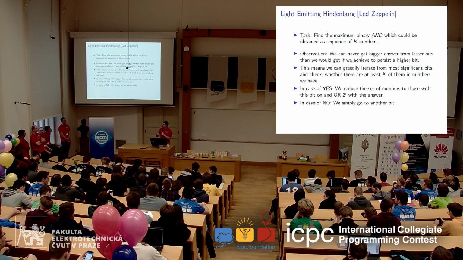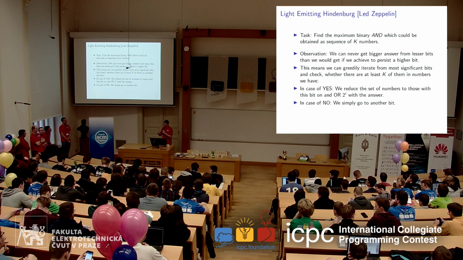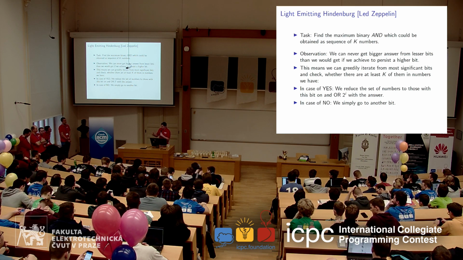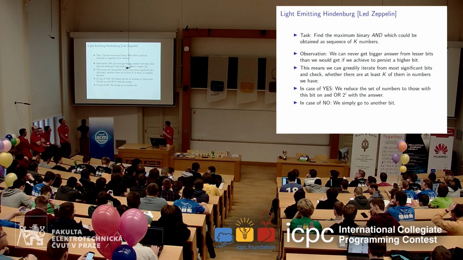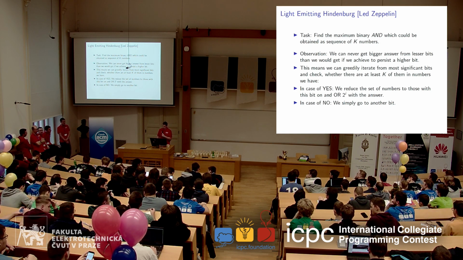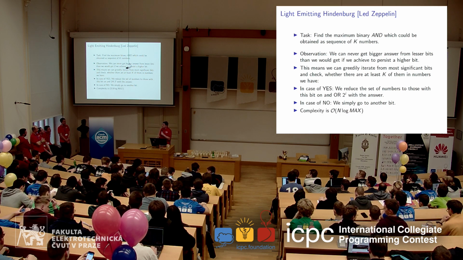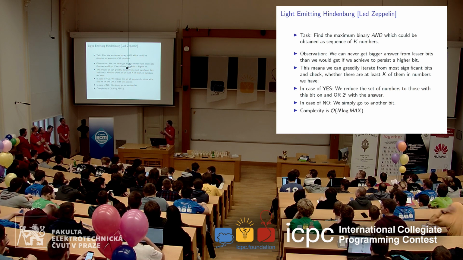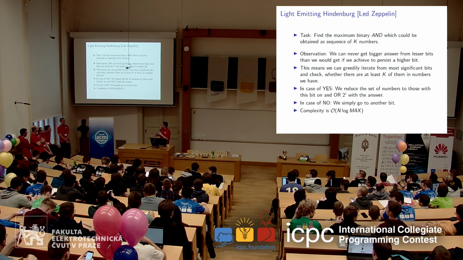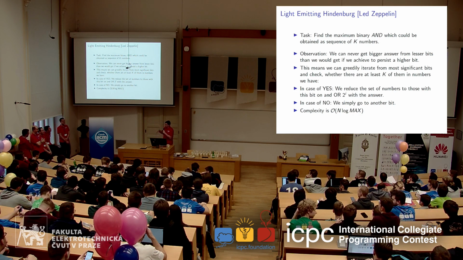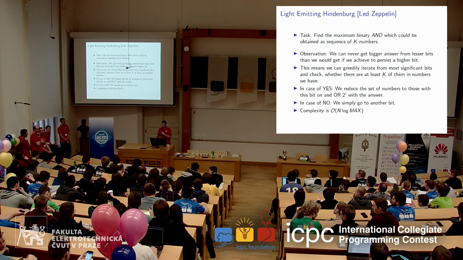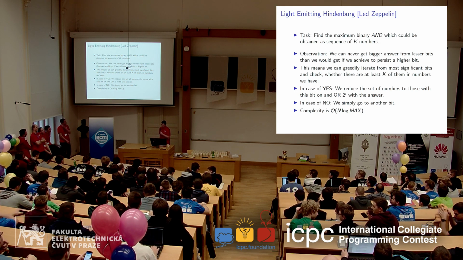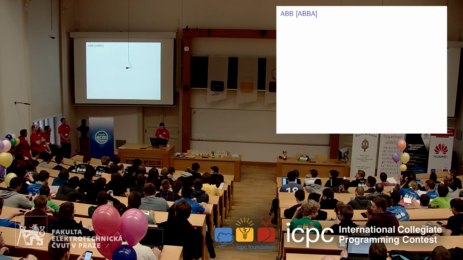We had such a set, and we were iterating and reducing it, and finally we could obtain the number from the set which persisted. So the complexity is n log maximum, because there were log maximum iterations, and each of them was over the whole array. So it was this problem.